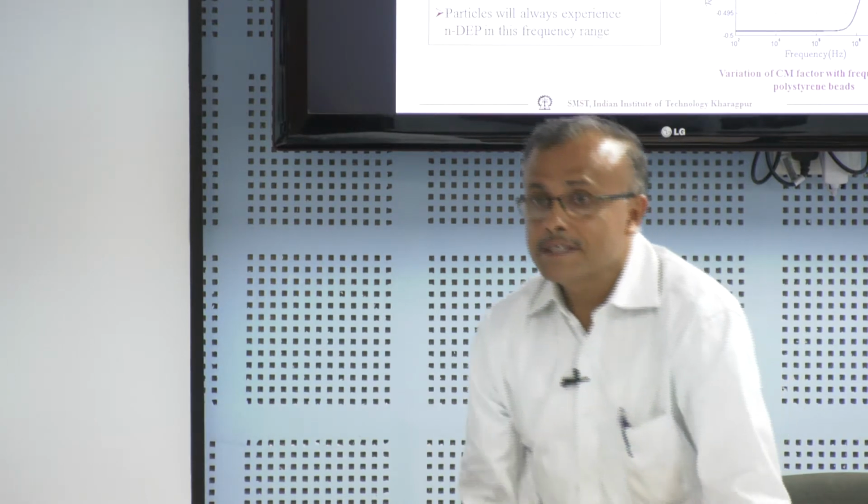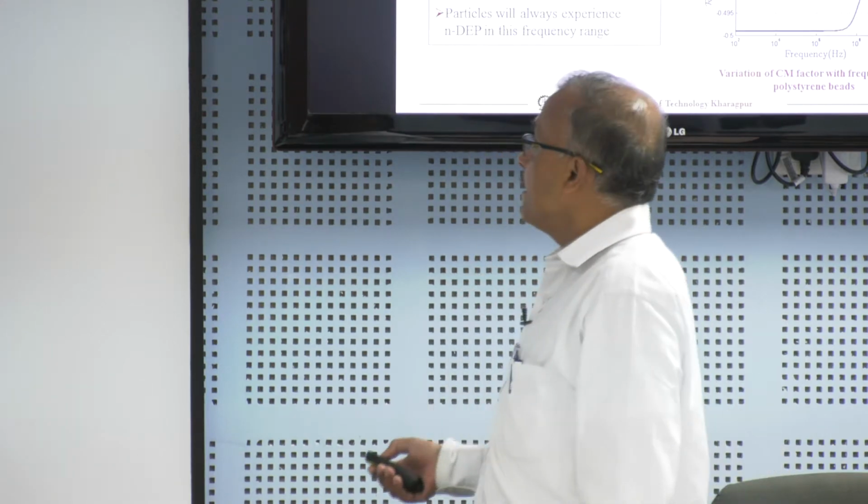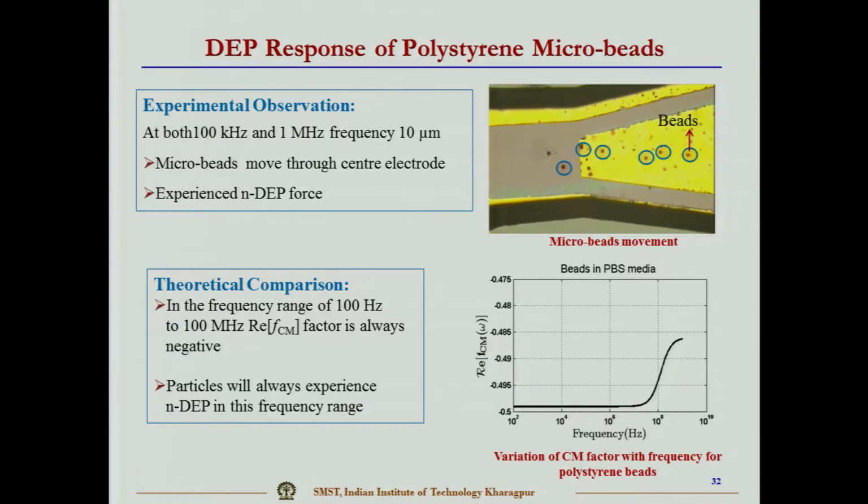I started with that, and it has been observed that this polystyrene bead also has a dielectric constant, an epsilon value, and it is mixed in some media. The epsilon value of the polystyrene bead is much higher than the media.